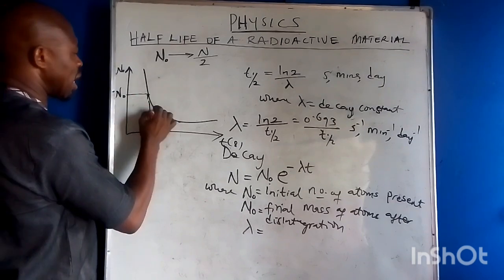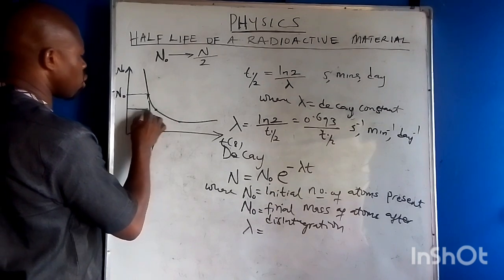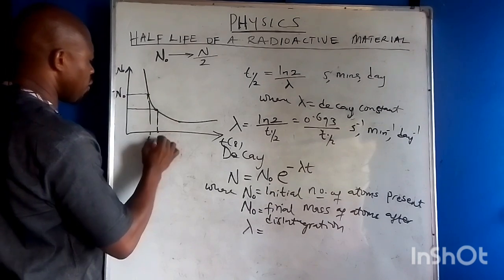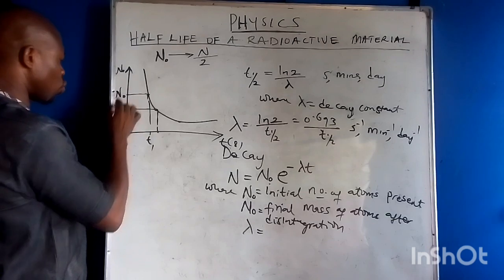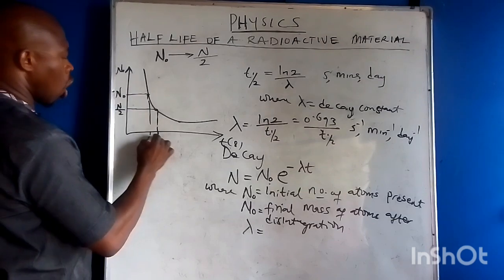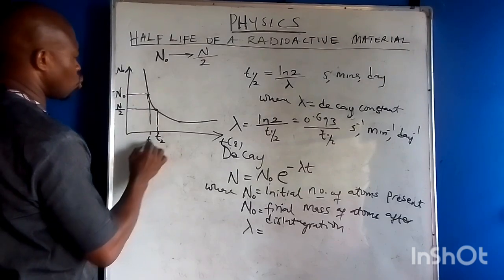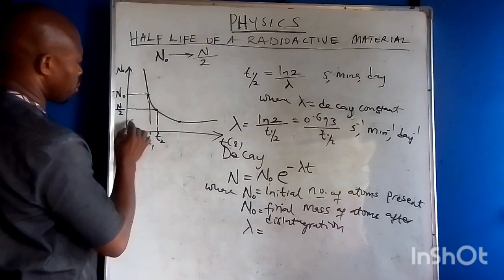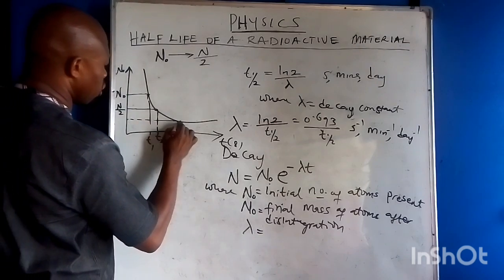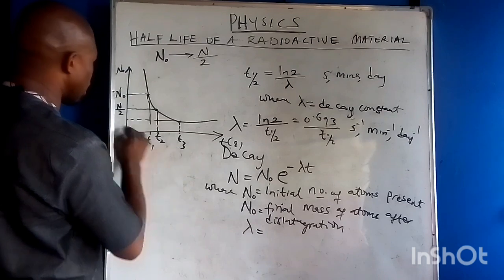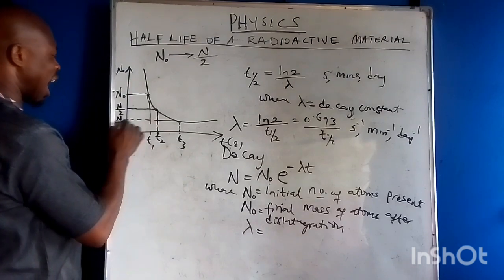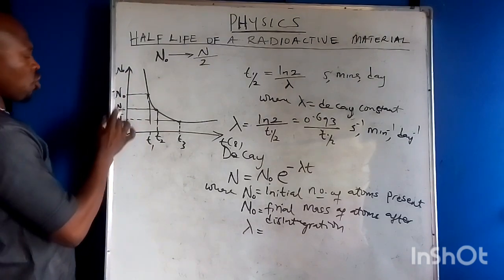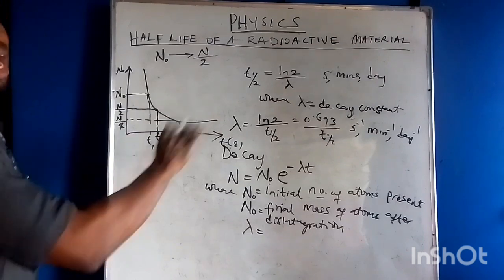The next one to decay gives us half of N, with time t2. Then t3 corresponds to half of that again, and so on as the case may be.